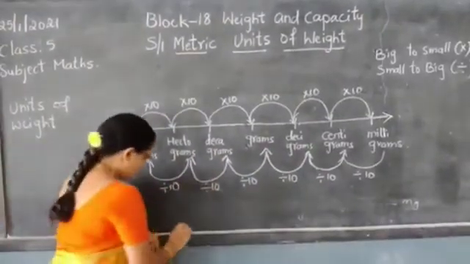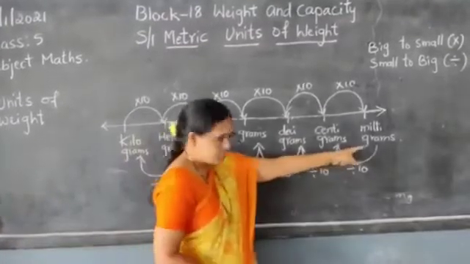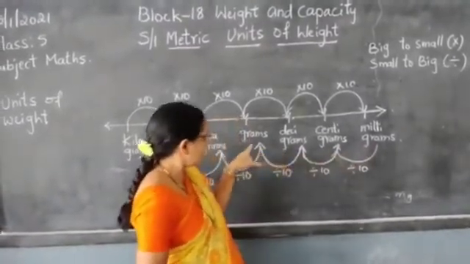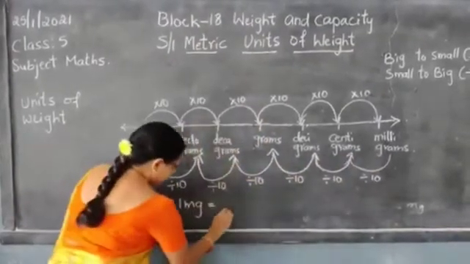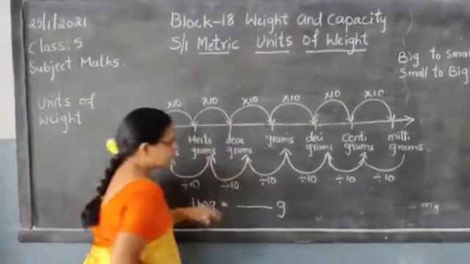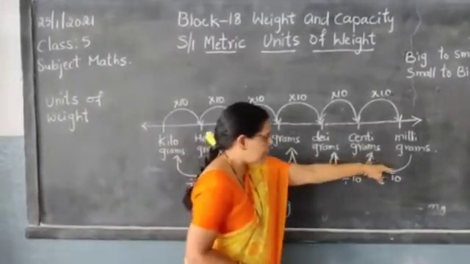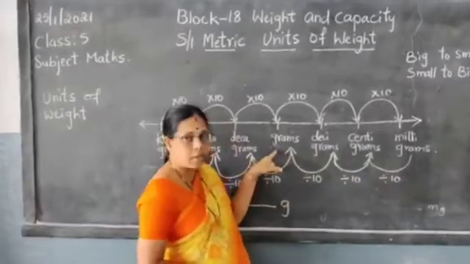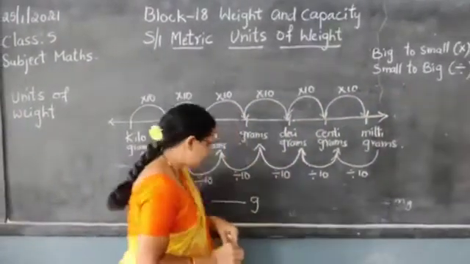Now children, 1 milligram is equal to, I am coming from smaller unit to bigger unit, how many grams? What do you do when you are converting smaller unit to bigger unit? You have to divide.